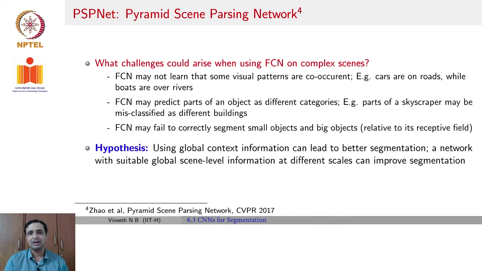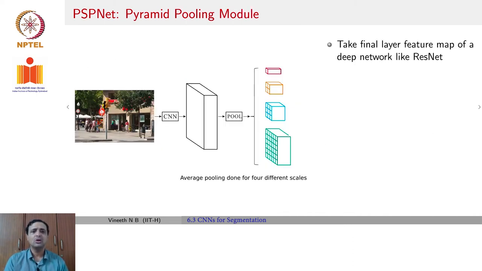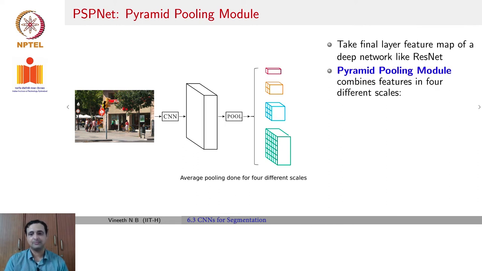When you segment at a lower resolution, you're actually trying to bring more global information into the segmentation result. So PSP-net introduces a pyramid pooling module where, given an image, you forward propagate it through a CNN, and then there is a pooling layer that pools at multiple scales.